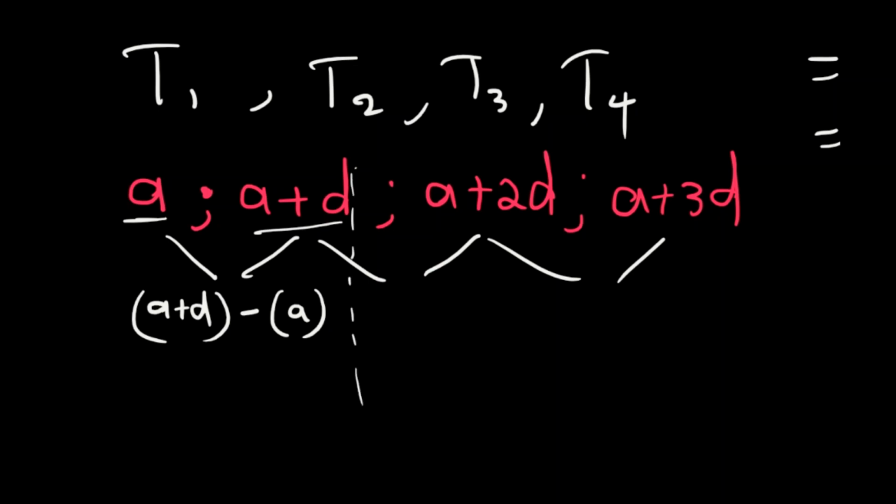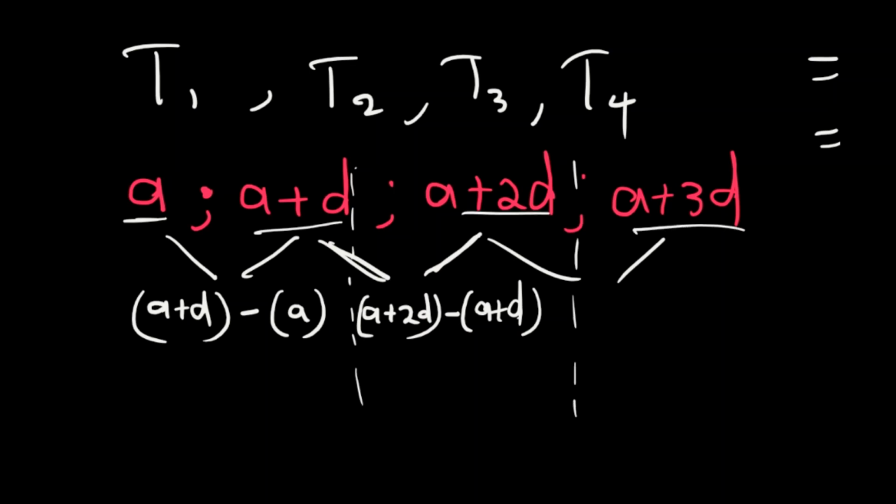And then you're going to have these two here subtracting each other, so it's going to be a plus 2d minus (a plus d), right? So let me separate like this. And then we're going to have this one minus this one here, so it's going to be a plus 3d minus (a plus 2d). So we must have a common difference.